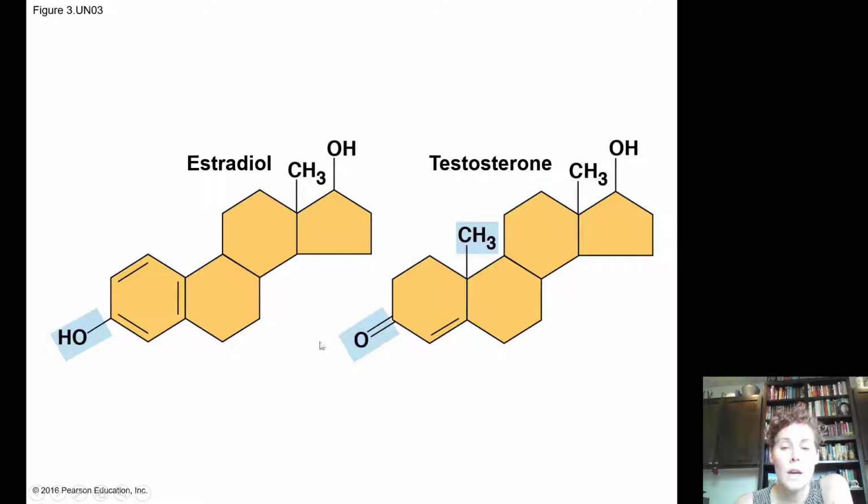It also has that CH3 coming off. So look at the things that are blocked in that light blue color. It has the same carbon compound, but these functional groups attached to the carbon in different ways make them two totally different molecules that do totally different things. You would never take estradiol if you needed testosterone treatment.